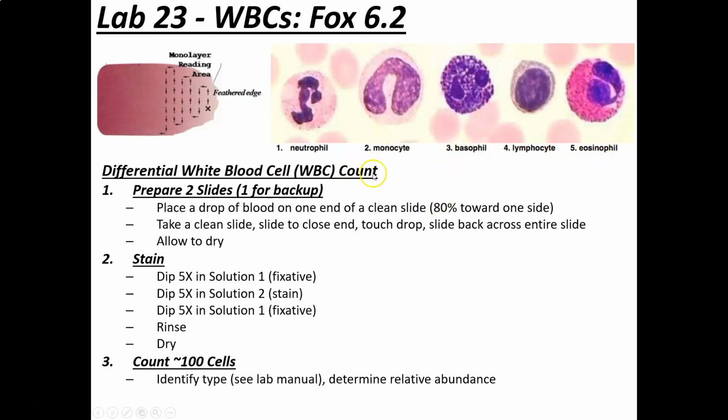So basically, you would count 100 cells and just say, oh, I found 62 neutrophils, that's 62%. Oh, I found five monocytes. That's 5%. Oh, I didn't find any basophils. I found 21 lymphocytes, and I found 4 eosinophils or whatever, adds up to 100.